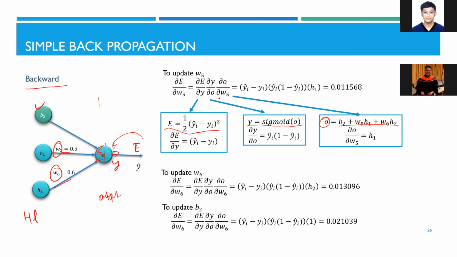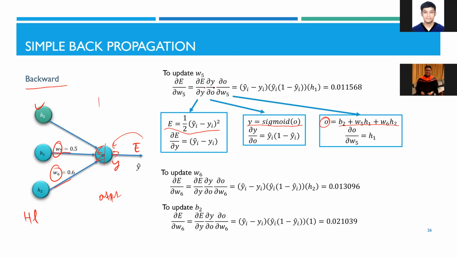And then chain rule. Derivative of Y over O. The derivative of sigmoid O is this one: Y hat times 1 minus Y hat.